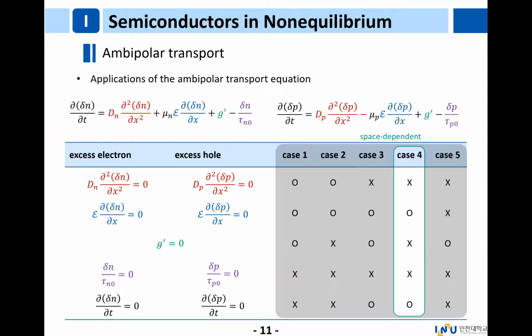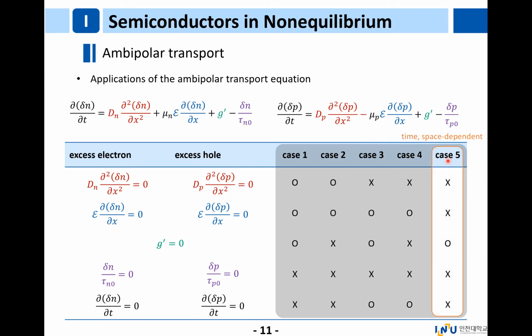And finally, we briefly examine the scenario where change in carriers occurred simultaneously in both time and space. In this case, an electric field was applied and light is instantly directed to a specific point, generating excess carriers. After removing the light, the excess carriers undergo diffusion and recombination while drifting due to the applied electric field.